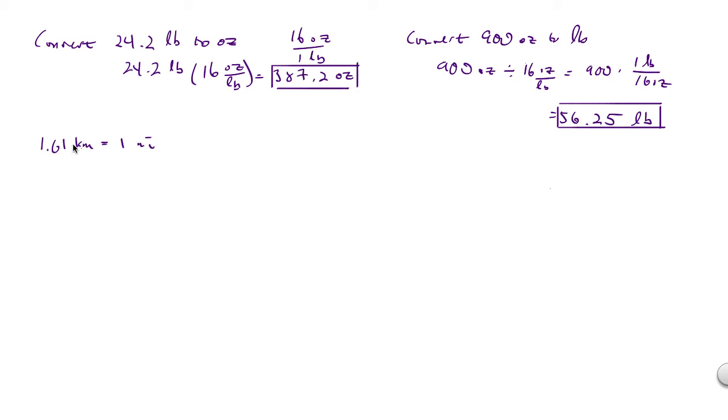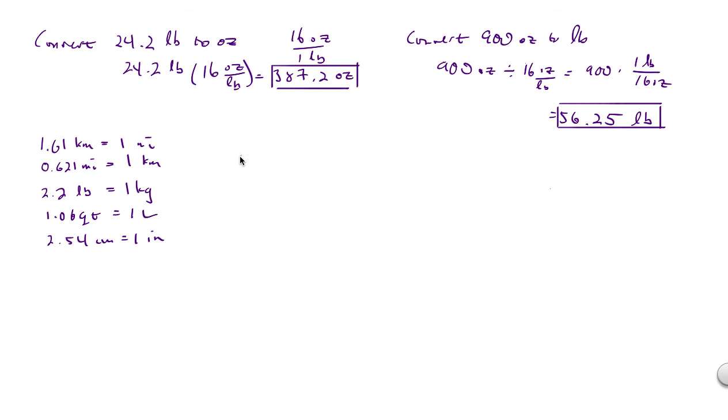So already you should be thinking, okay, the kilometers number is bigger, so that means the measure is smaller, so kilometers are smaller than a mile. You might also see this conversion the other way around as 0.621 miles per 1 kilometer. Some other metric ones to know are about 2.2 pounds per kilogram, 1.06 quarts per liter, and 2.54 centimeters per 1 inch.